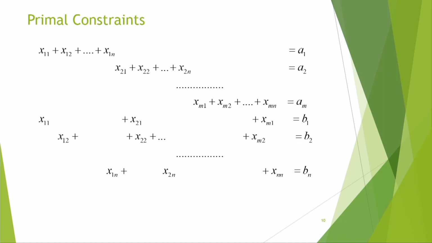So u and v are unit worths of resource, and now the primal constraints we can write in a different form: x11, x12, up to x1n, x21, and so on. We can naturally write it in the form of a matrix also, with a lot of zeros.